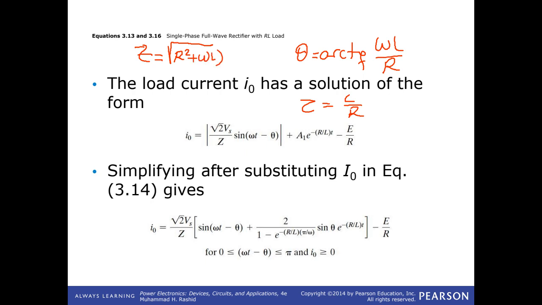Of course, Z here is not a complex quantity, by the way. So this is the solution, exactly what I have already obtained. That one.